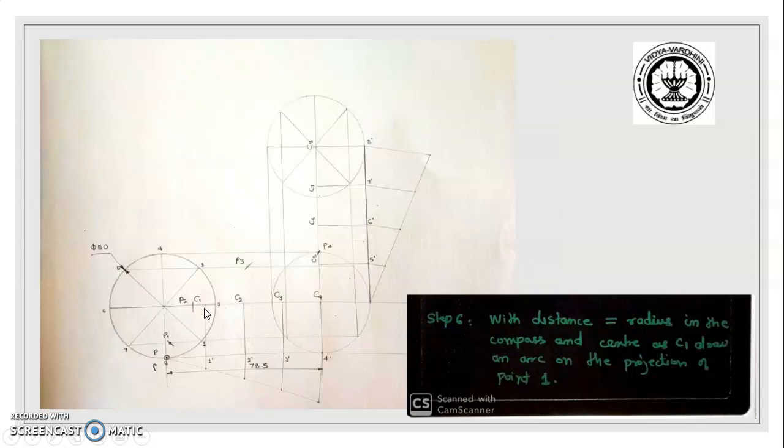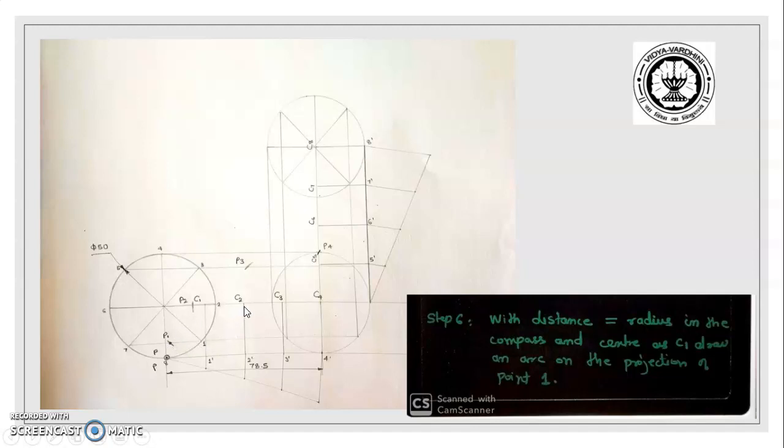With the distance, the next step will be, with the distance equal to radius in the compass and center equal to C1, we have to cut the arc on the first projection. So my initial point is the bottom of the circle. Next point will be on the first projection.